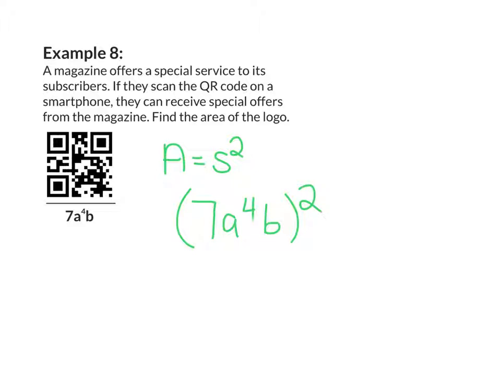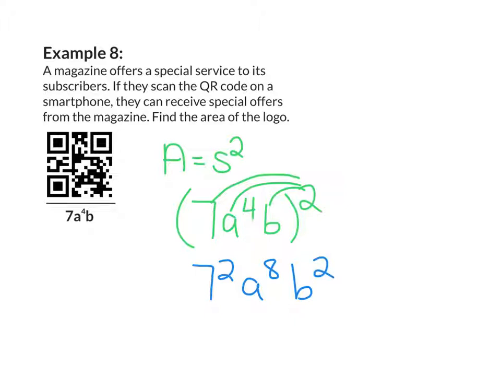whole thing. So again, this 2 is going to be distributed to the 7, to the a, and to the b. So 7 squared, a will be 4 times 2, that gives me 8. B will be the invisible 1 times 2, that gives me 2.